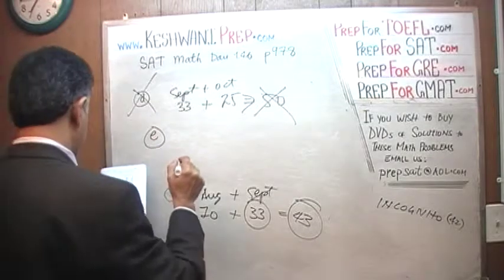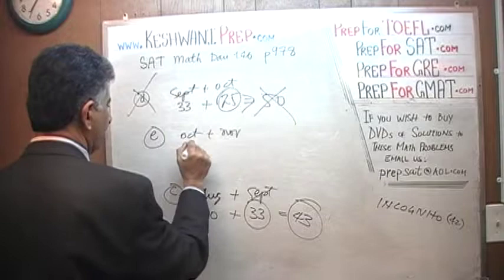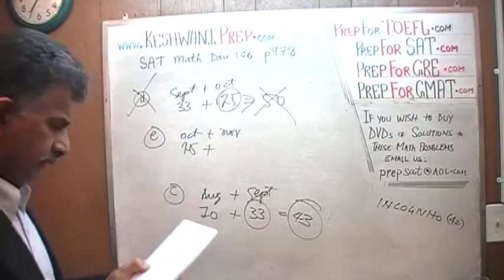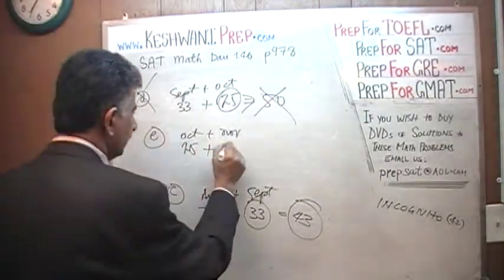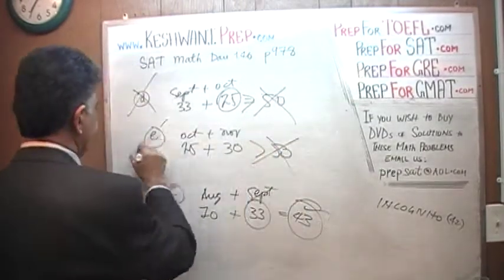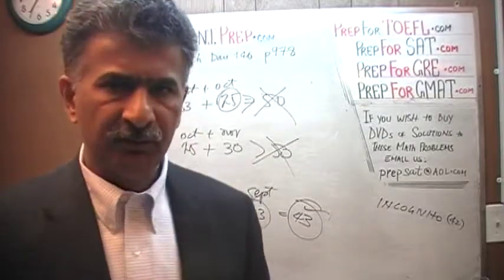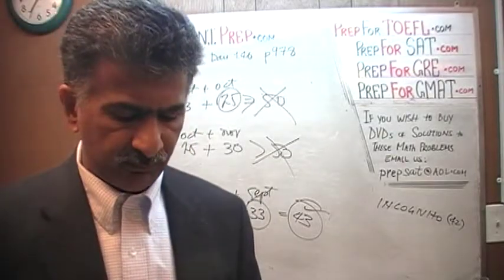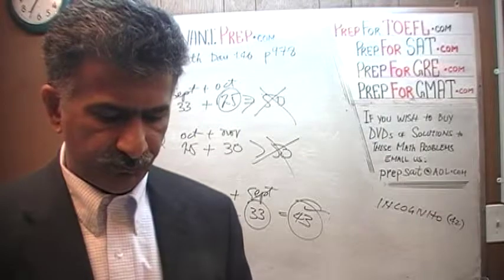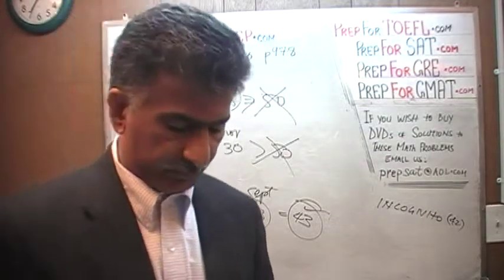Let's look at E. October plus November. October we said was 25. And November is way up, about 30. That's more than 50. This is only 43. That's not it. The answer is C. The least number of book sales she had in 2 consecutive months were the months of August and September. And that's it. Pretty straightforward, pretty simple.